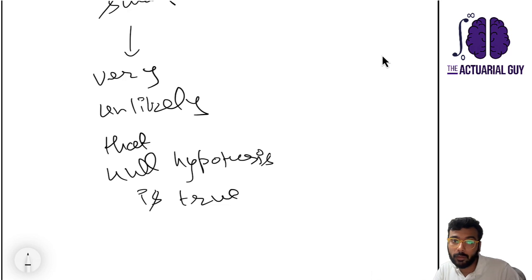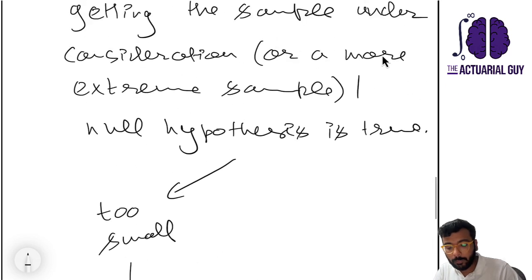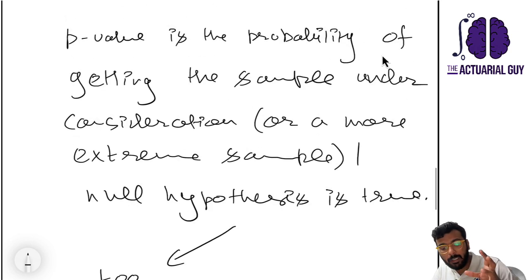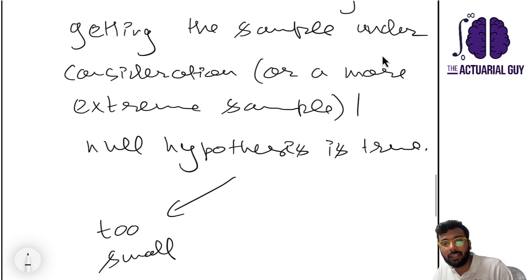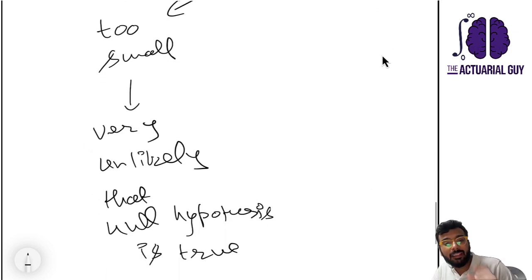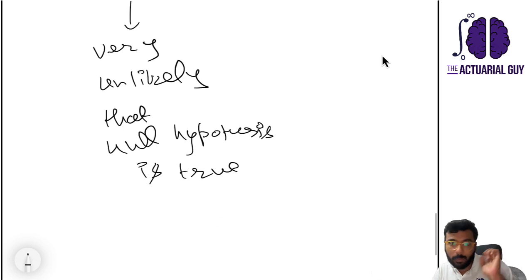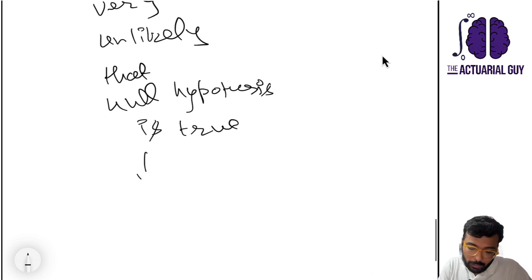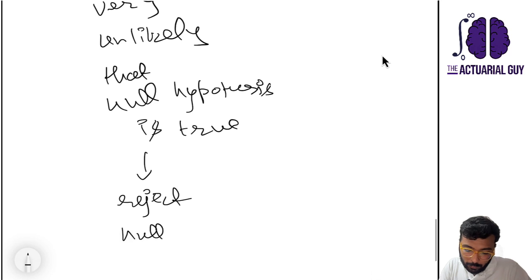The null hypothesis I don't know about. So if the probability of getting such a sample given that the null hypothesis is true is so small, then it's very unlikely that the null hypothesis is true because this sample is definitely true. So we would reject the null hypothesis.